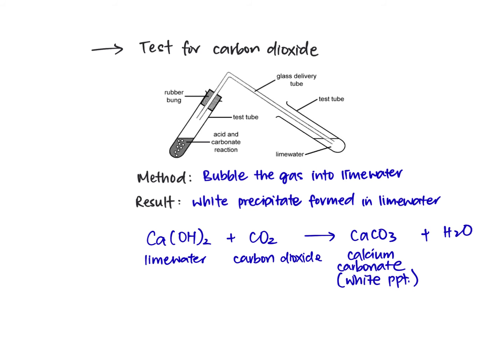Water will also be formed here. Adding in the state symbols: lime water is dissolved in solution, carbon dioxide is gas, calcium carbonate, since it's a white ppt, will be a solid, and water is in liquid state.